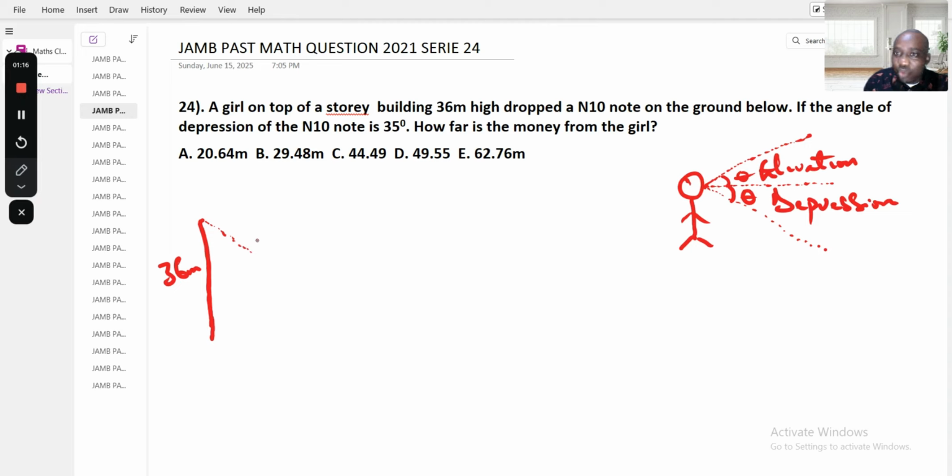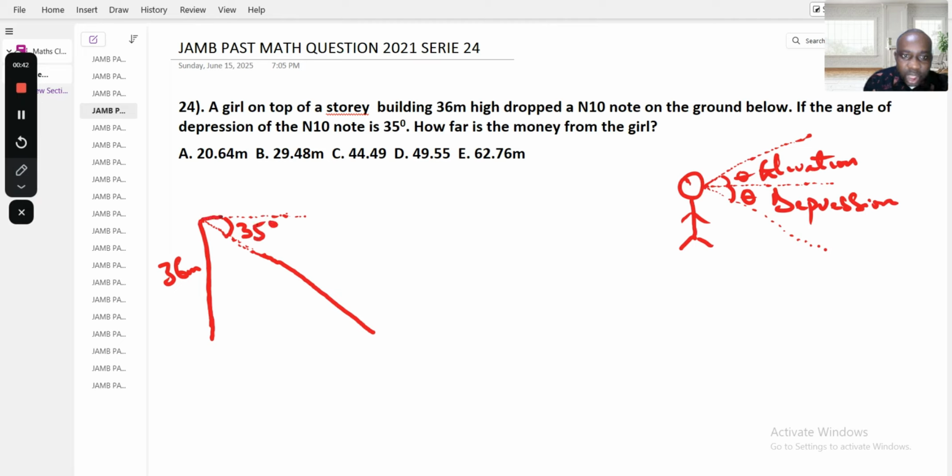If the angle of depression is given, it means that the level of the girl's eyes, let's first draw it. This is the level, horizontal. The eyes of the girl, horizontal. And the line of her eyes towards downward, looking at the 10 naira when she dropped the money, is 35 degrees.